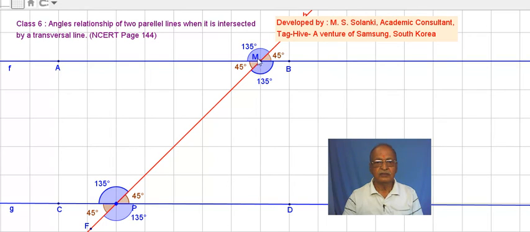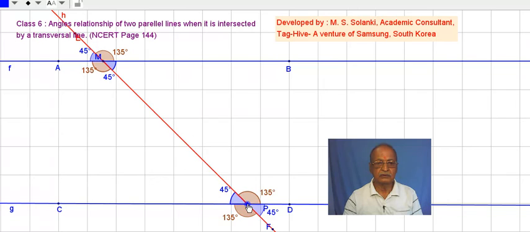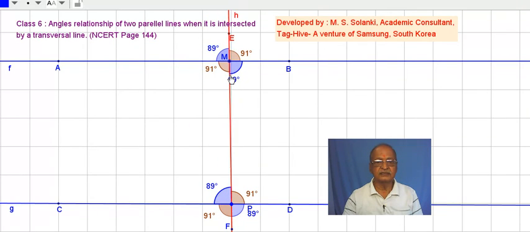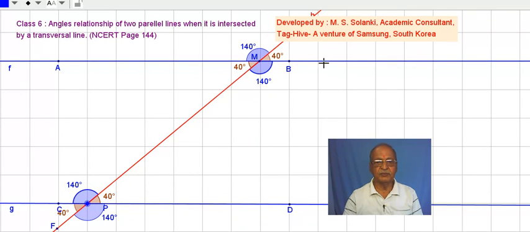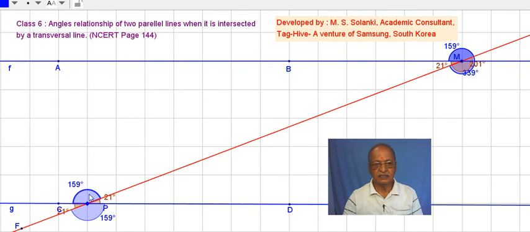In the third and fourth positions also we will get the values, and we will see if this condition is satisfied. So all the three conditions we have discussed are satisfied at every point. Even we can take here, now you can see 159, 159, 21, 21, 21 here, 159, 159.